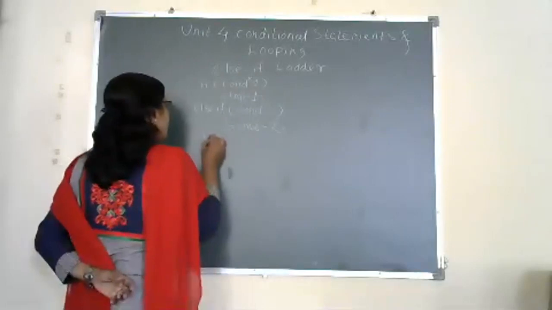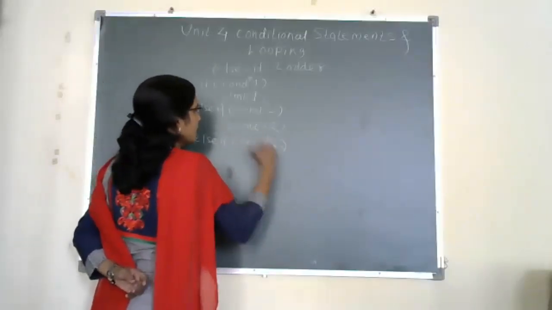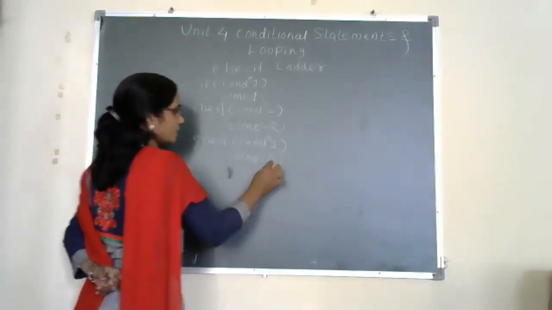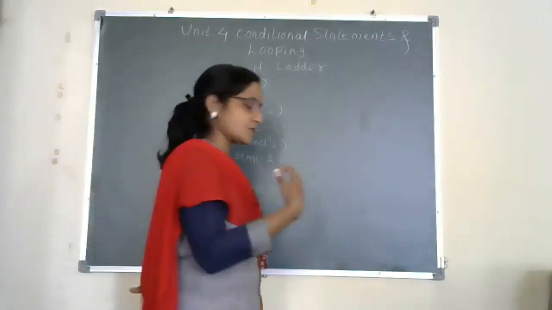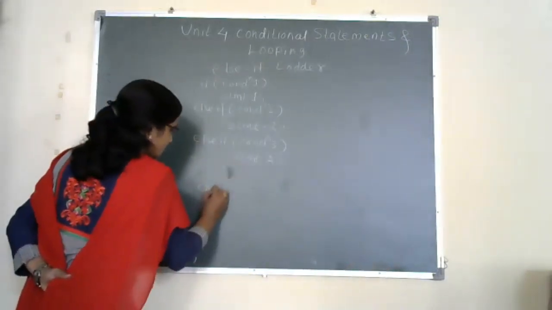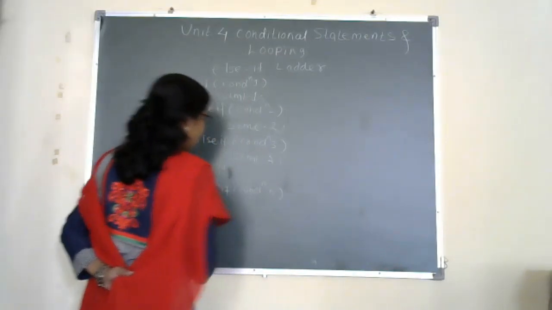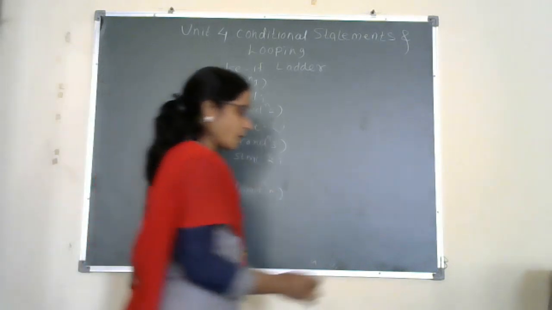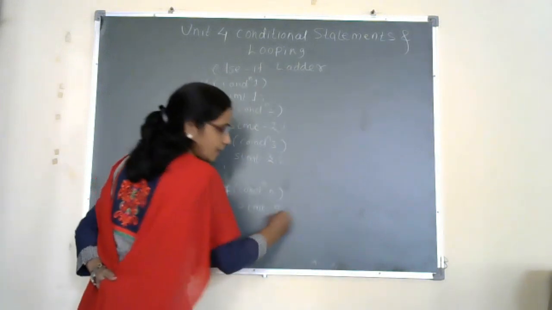If not, then again you go to another condition, condition 3. If the condition becomes true, then the statement 3 block will be evaluated. Likewise, the number of conditions and statement blocks continue: else if condition n, then the statement n block.